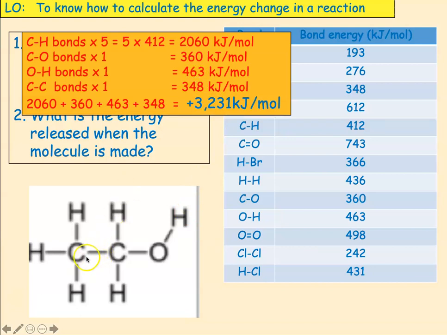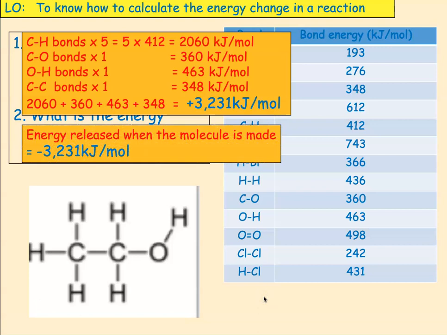And we have got 1 CC bond there, which is 348. So we add all of those 4 numbers together and we get 3,231 kilojoules per mole. So what is the energy released when the molecule is made? Minus 3,231 kilojoules per mole.